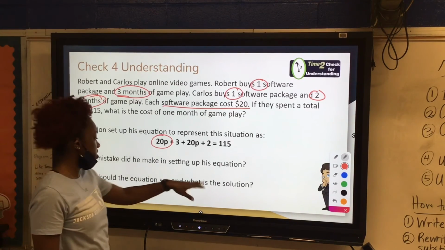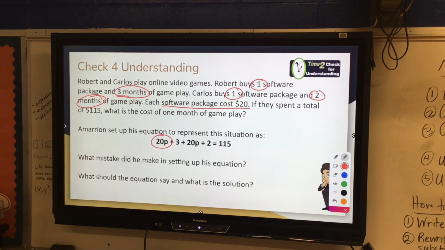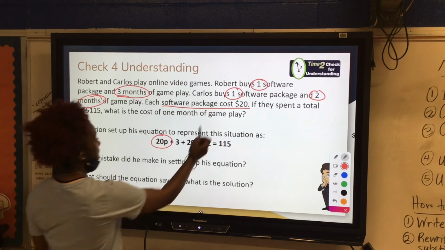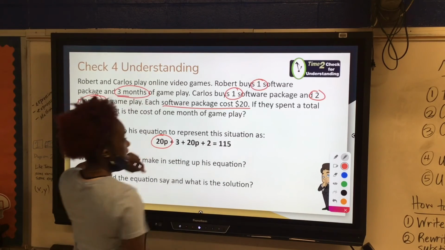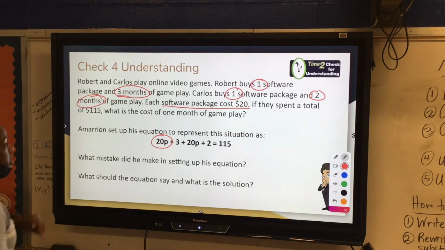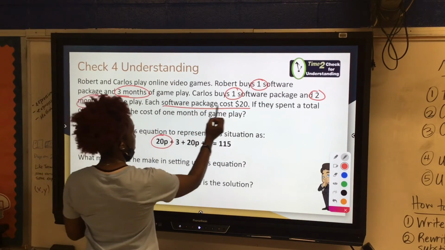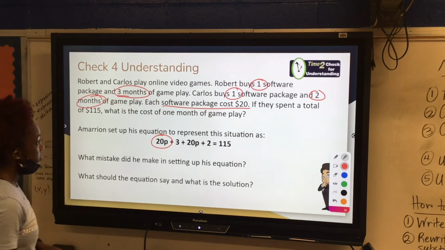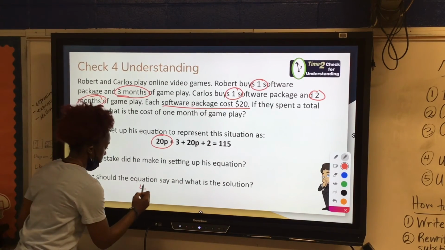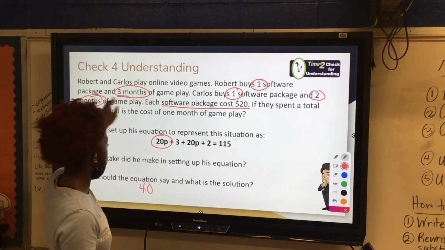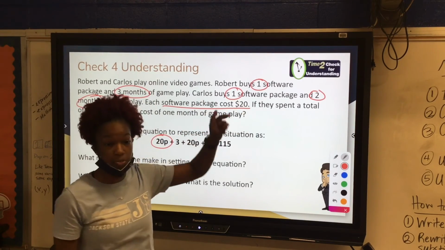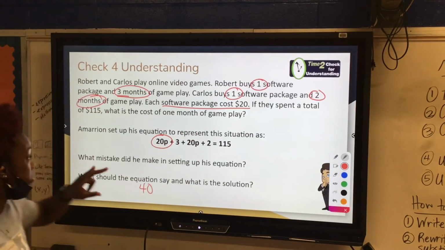What should the equation say and what is the solution? Okay? So if Robert has one software package and Carlos has one, how many is that all together? 2. So 2 times 20 is what? 40. So they're spending $40 from jump because it's 2 software packages and each one costs $20. So that's 20 plus 20 or 20 times 2 and that's 40.